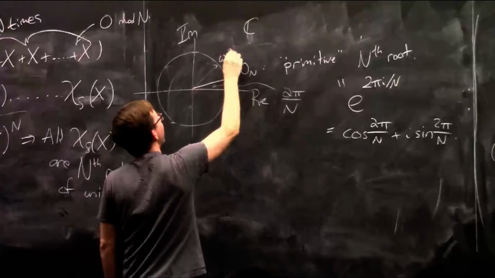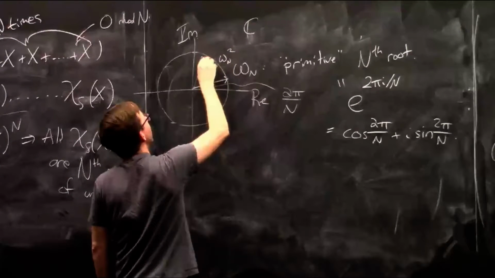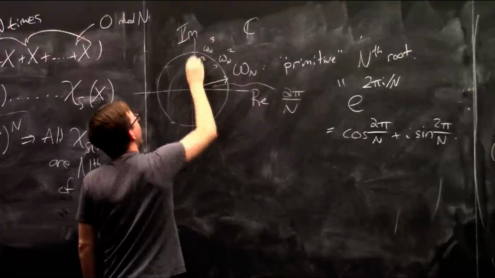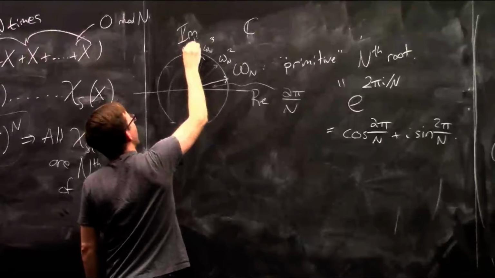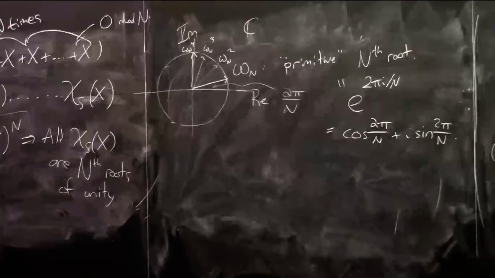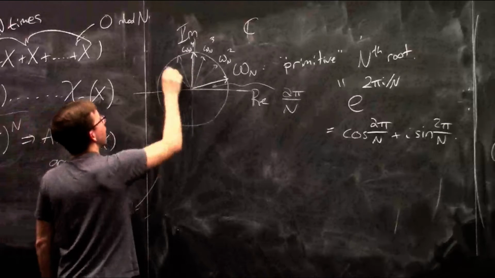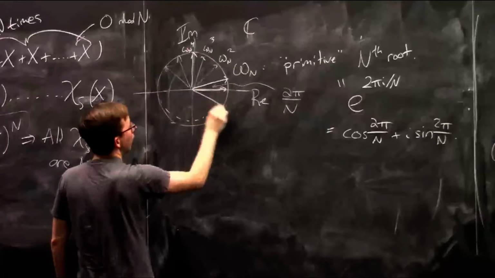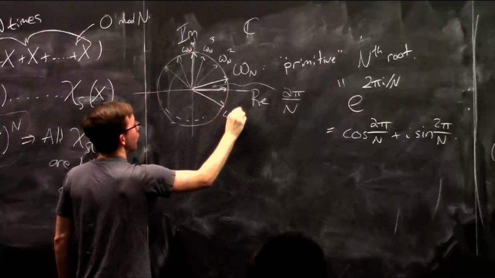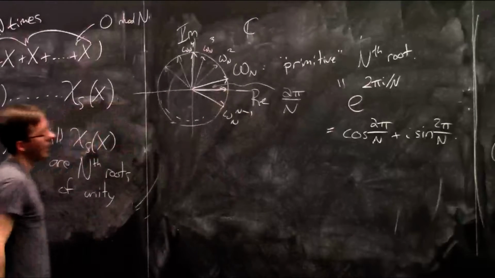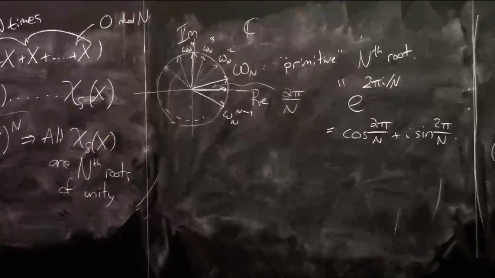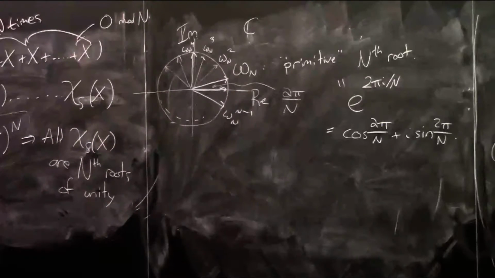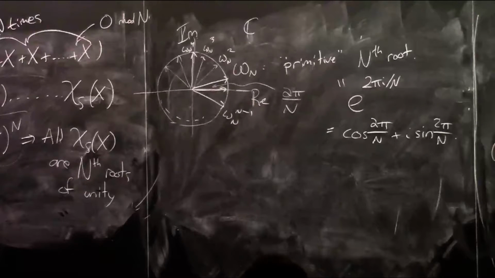Omega n squared, omega n cubed, and omega n to the 4th. I'm drawing the picture where capital N is 16. Then they go around all the way up to omega n to the n minus 1. This one's omega n to the n, aka omega n to the 0, aka 1. Okay. Hopefully you remember this stuff.